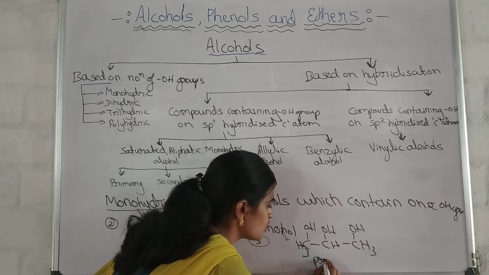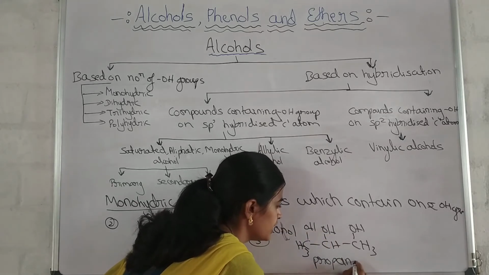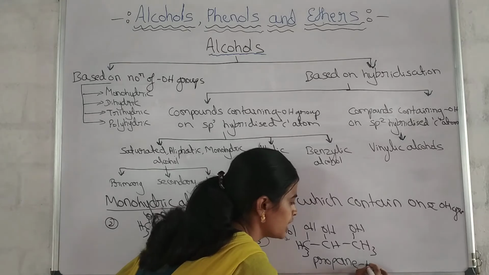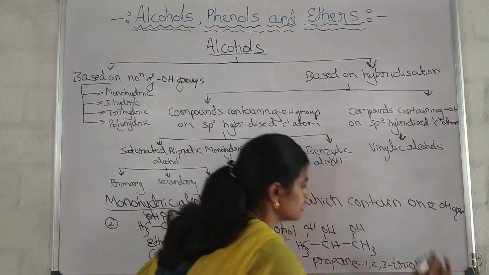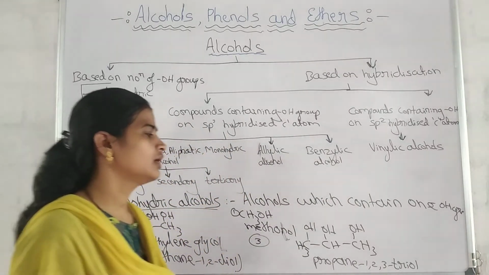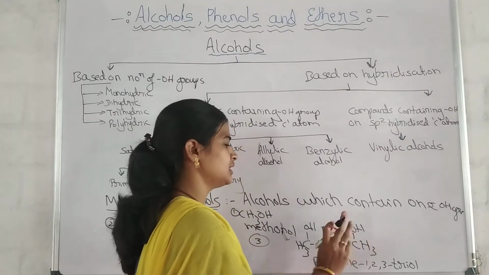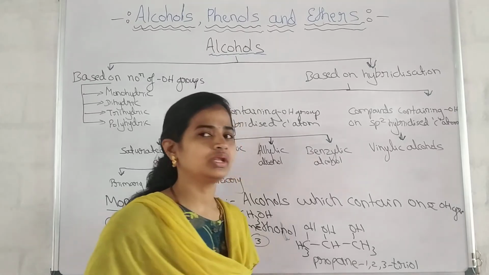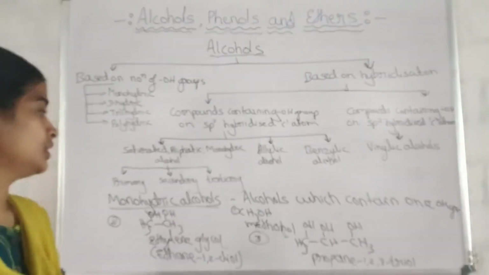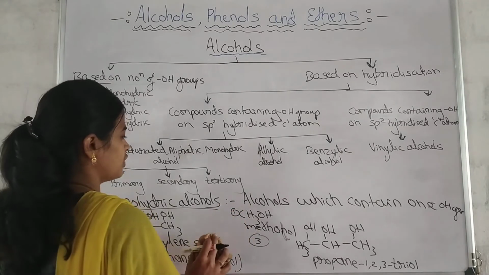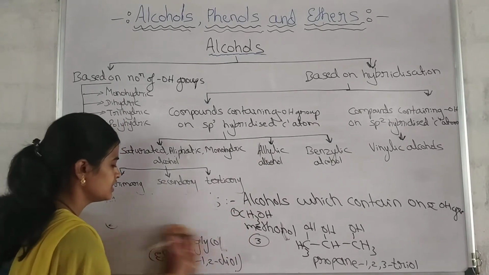The name of this one is propane-1,2,3-triol. The secondary suffix of alcohol is -ol. How many OH groups are there? 3. Therefore, propane-1,2,3-triol is an example for a trihydric alcohol.